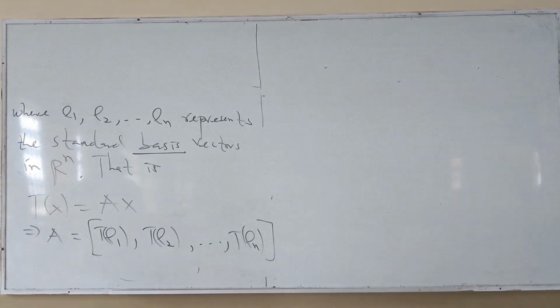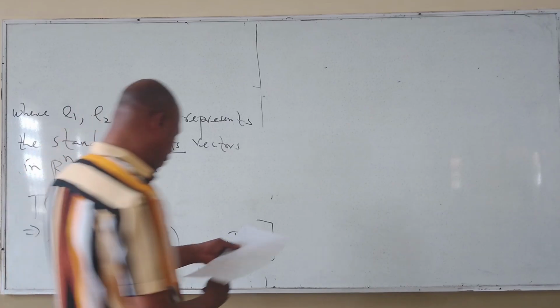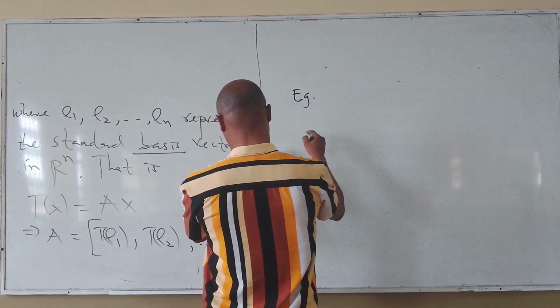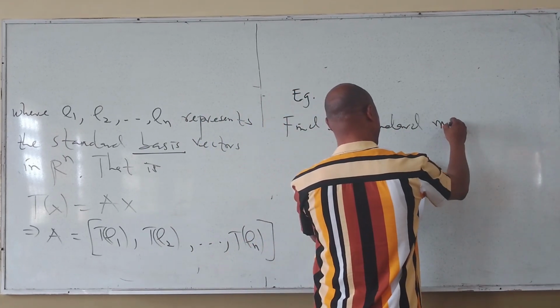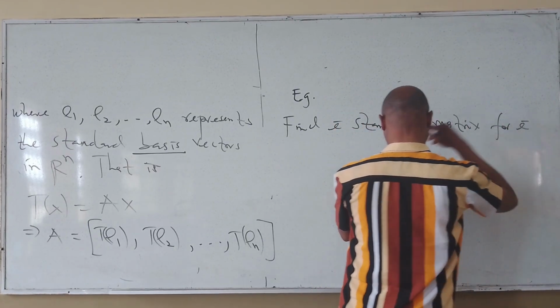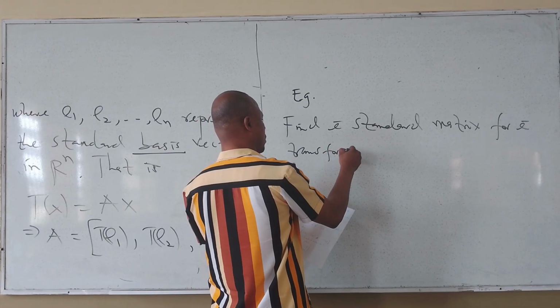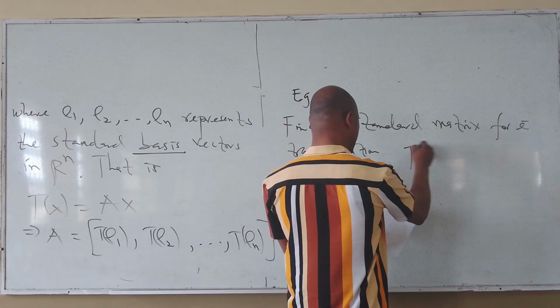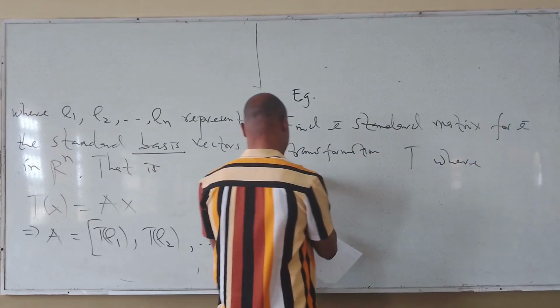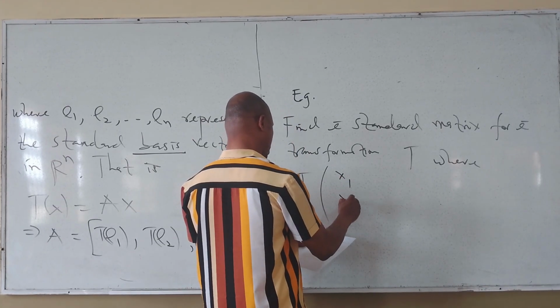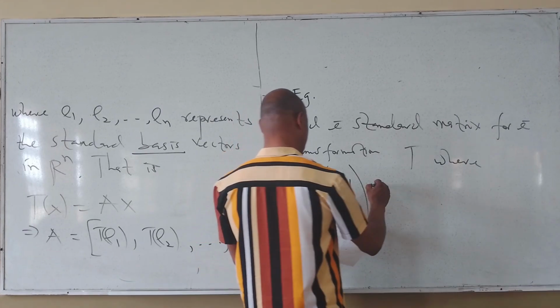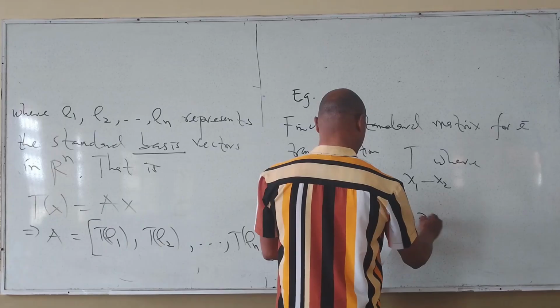For example, let's take an example for you to get a clear concept of it. Find the standard matrix for the transformation T, where T of (x1, x2, x3) is equal to (x1 minus x2, twice x3).